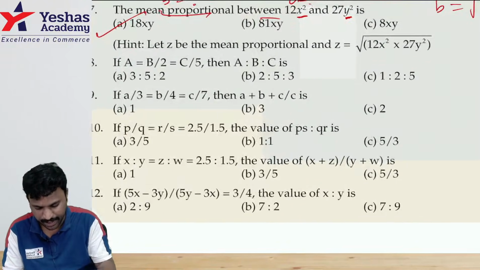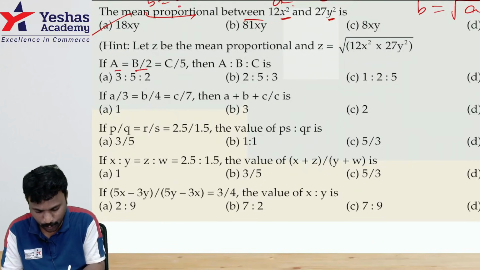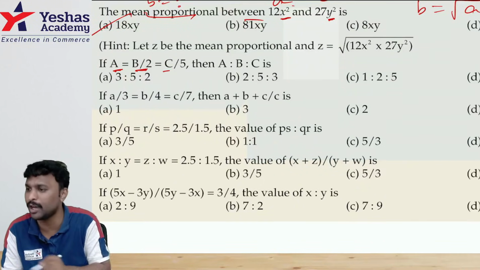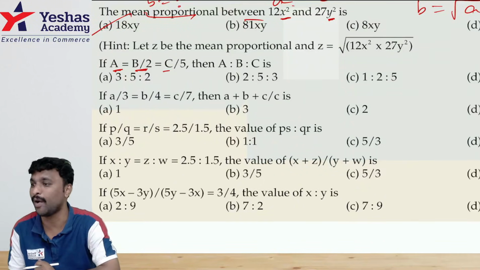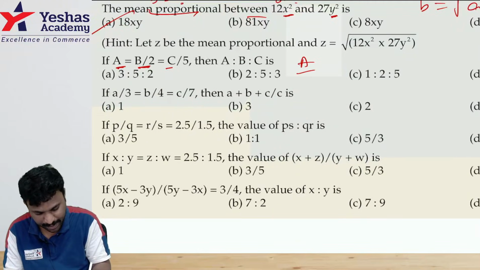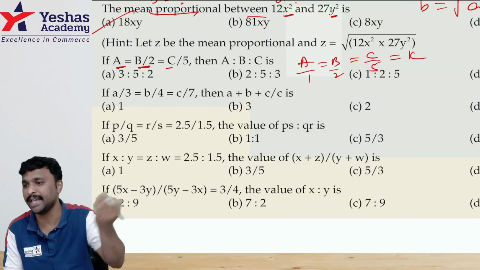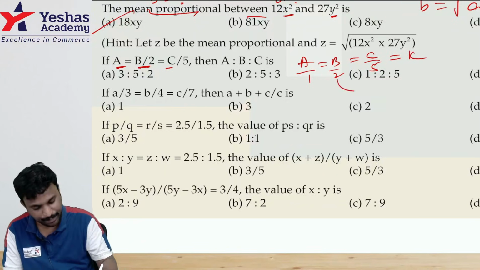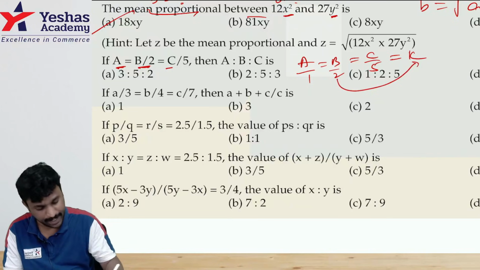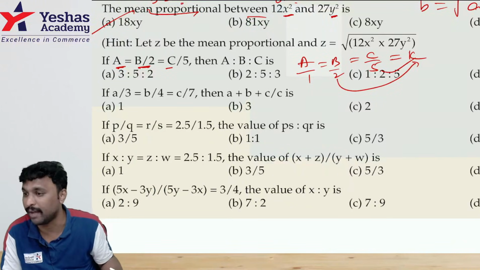Right, guys, whenever they give you two or more terms equated, you can always take this A by 1, B by 2 is equal to C by 5 equal to what? K. So what is A? A is equal to 1K. What is B? B is equal to 2K. What is C? C equal to 5K. Have you understood?